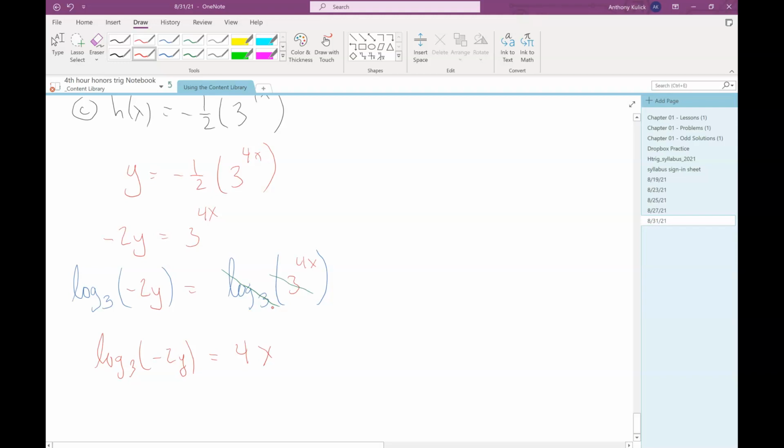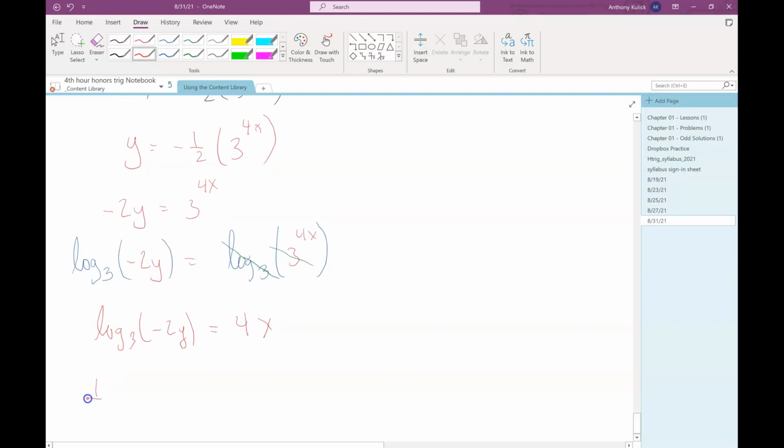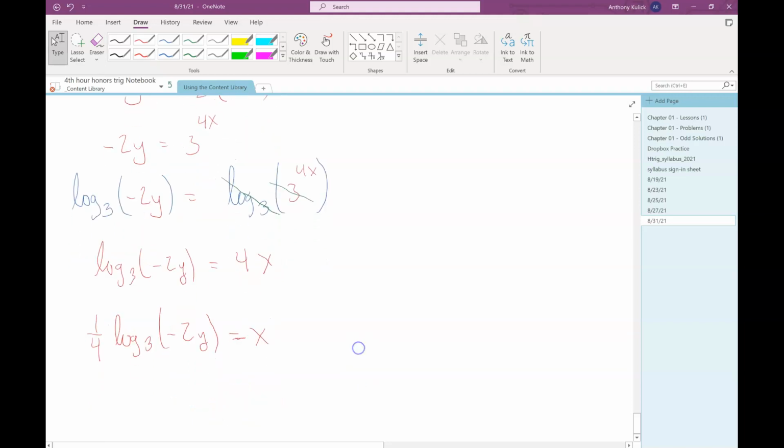Would have taken me a long time to get there, to realizing that's what I needed. And then my last step would be to just divide both sides by 4. I'm going to choose to write it as multiplying by 1/4, as I think it makes it a little bit more clear what is getting divided by 4, that the logarithm happens before the division.